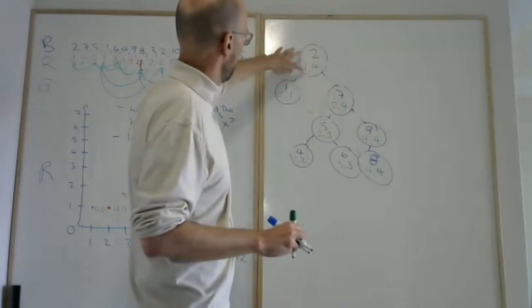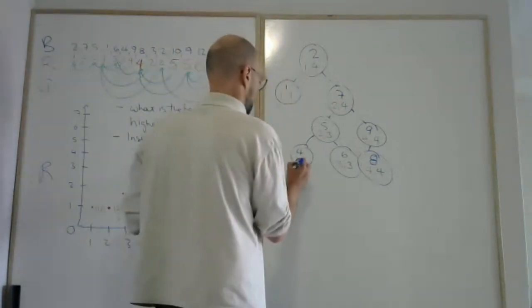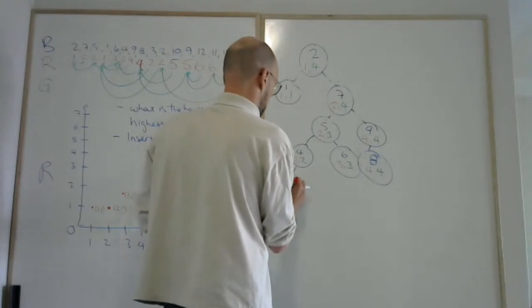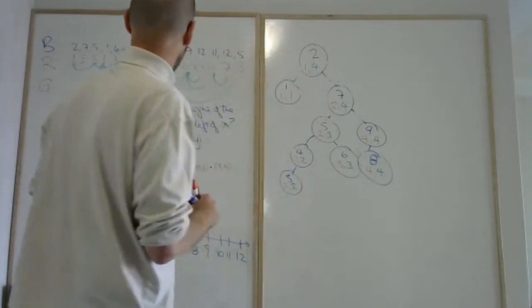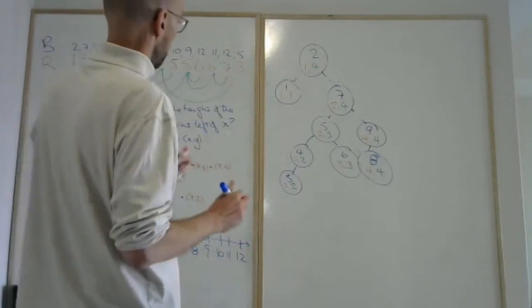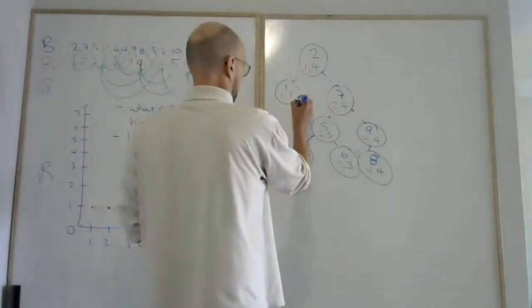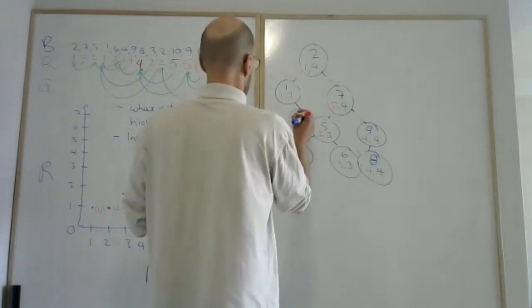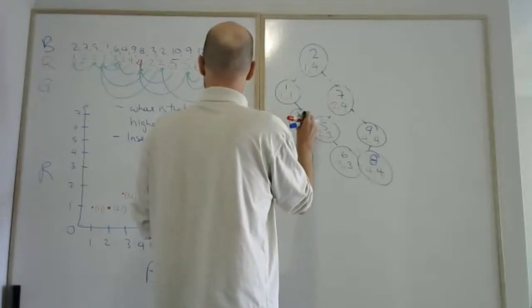So it's the maximum of 1 and 1, so it's 2. 3 and 2 and 2, and nothing changes. And then 2, the only thing smaller is this one, so it goes in with 2 and 2 and 2.